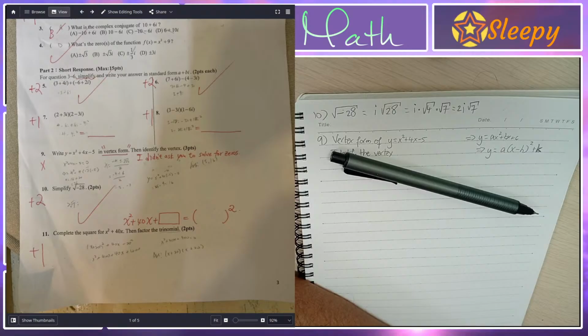Completing the square. Did I learn this one? I probably have. How to complete the square.